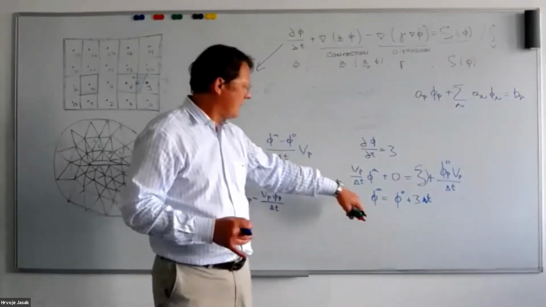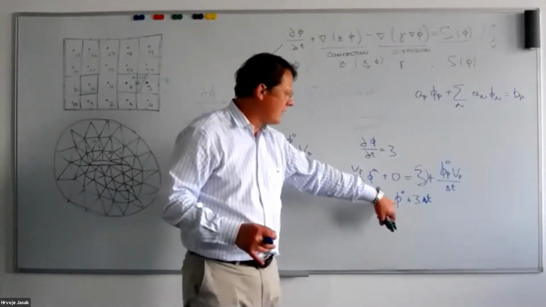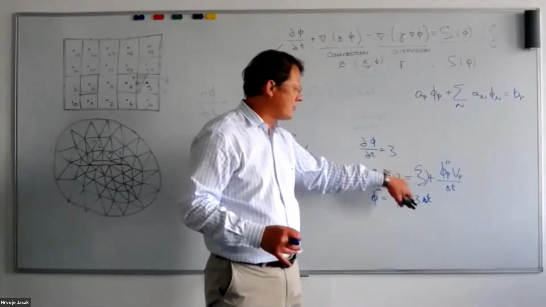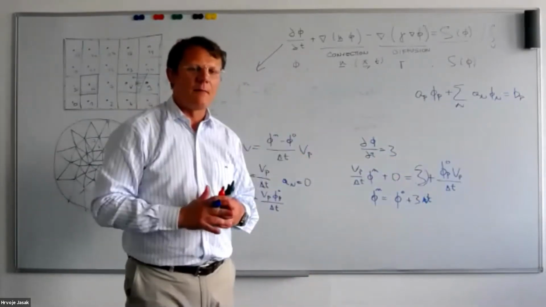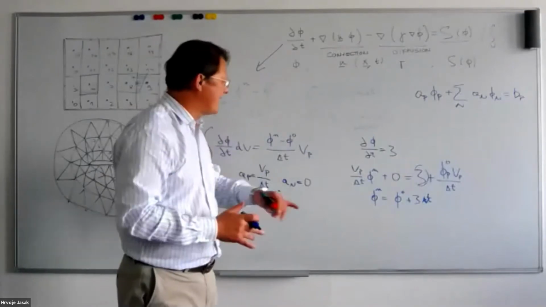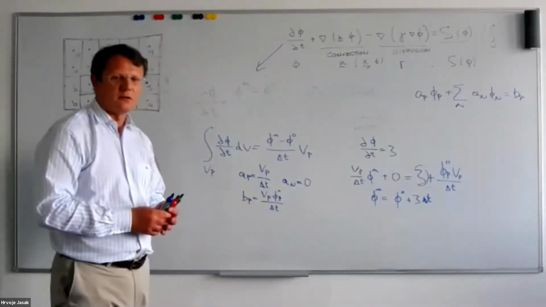So basically, the value of phi new increases the value of phi old by 3, which is my source term, multiplied by the time-step size, and I'm calculating implicitly the new value using the interpolation coefficients.